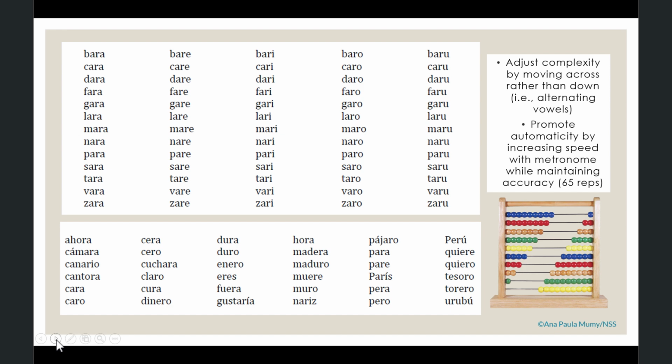When they see that R, they would have a tendency to say bara, kara, dara, right? Because that's what maybe they're thinking automatically with that R. So it's really just helping them train to see that and associate it differently to access that tap, right?